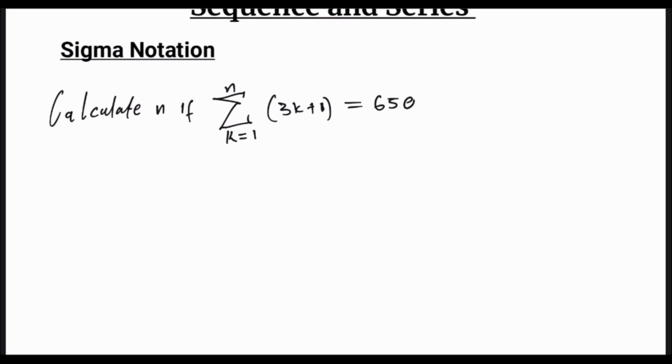Right, so the first step is to identify what kind of a series or a sequence that you are dealing with. So here, this is the general term, remember? Since we have our general term here as 3k plus 1, and k is not an exponent, and k is also raised to the first degree, this suggests that it's an arithmetic.